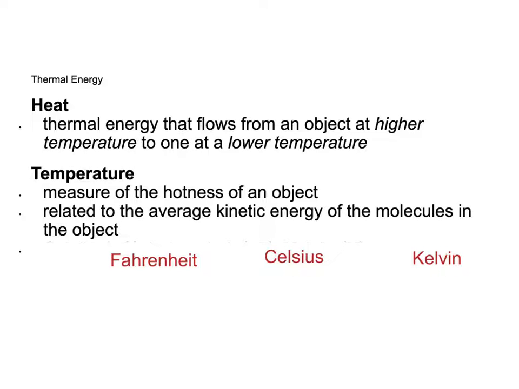Remember, Fahrenheit is on the English scale, Celsius is what they use in Europe and England, and Kelvin is the scale that uses absolute zero as the lowest possible temperature. Just as a side note, on the Fahrenheit scale, water freezes at 32 degrees. On the Celsius scale, water freezes at 0 degrees. And on the Kelvin scale, water freezes at 273.